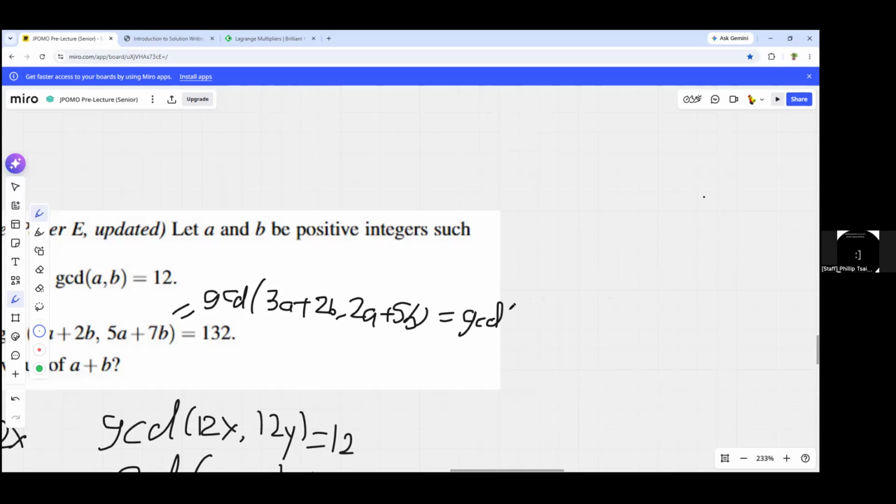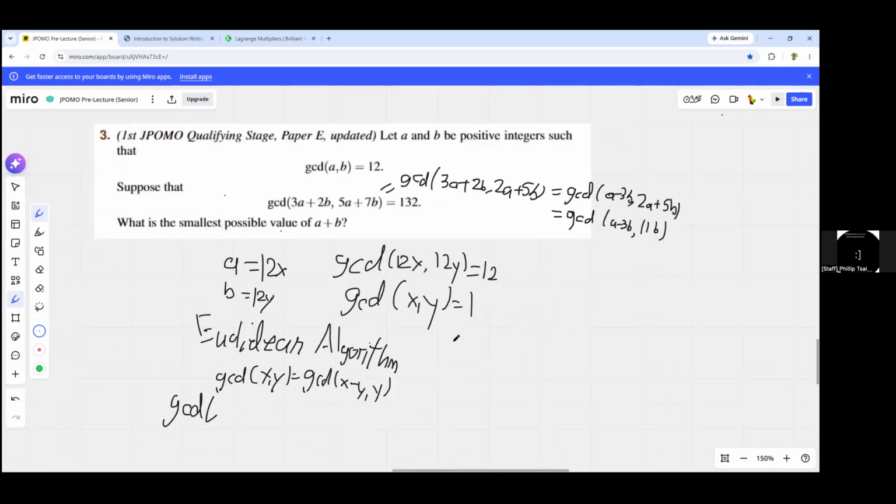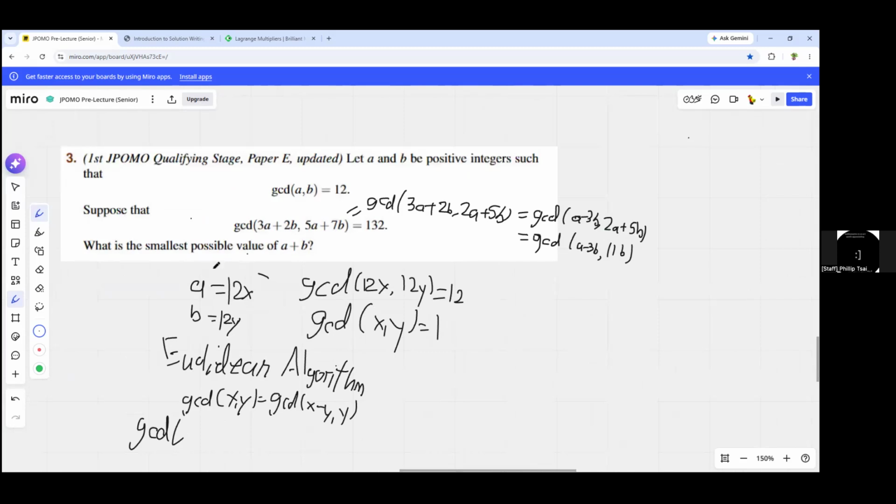So this is equivalent to the greatest common divisor of a minus 3b and 2a plus 5b. And lastly, this is equivalent to the greatest common divisor of 11b and a minus 3b, right? Well, how can we use the substitution of a equals 12x and b equals 12y to our advantage?